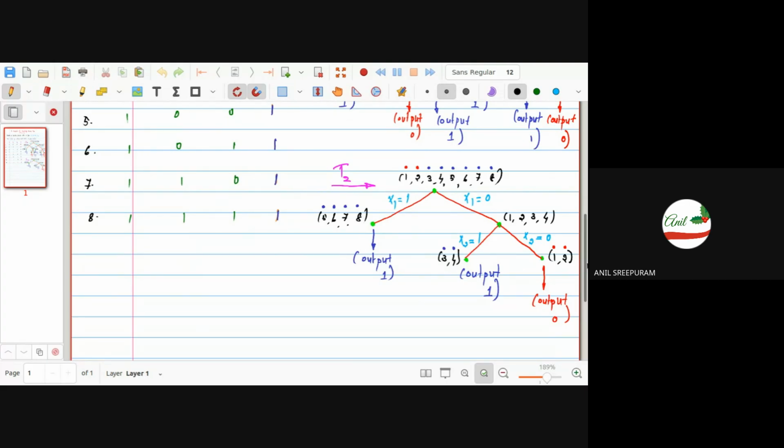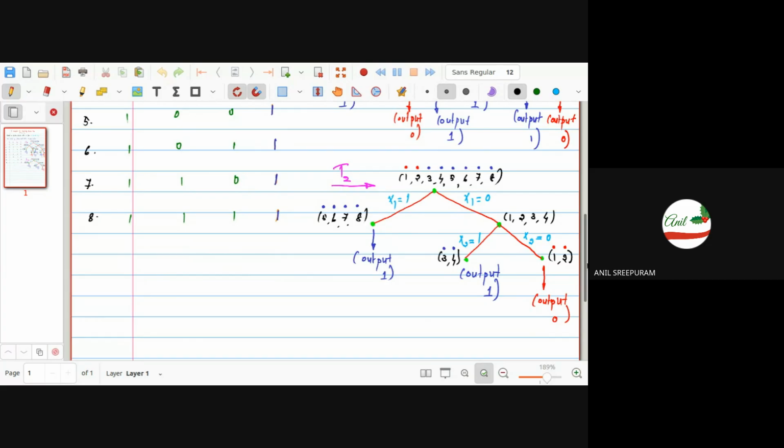Then I just do a test with x2. With x2 equal to 1, I get 3, 4 on one side and 1, 2 on the other side, and that completes this tree. You see, you are not using x3 at all here. So the conclusion is that x3 was actually a useless feature for the classification.